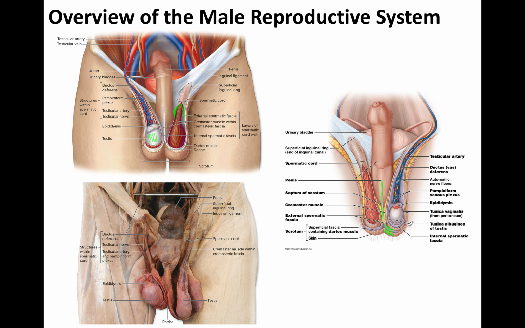Then you have your albuginea layer right there, and then this is the vaginalis layer right there, which is kind of hard to see. It looks a little bit similar. So that's the vaginalis layer, and then you're going to have the albuginea layer, which is the white layer over the testis.